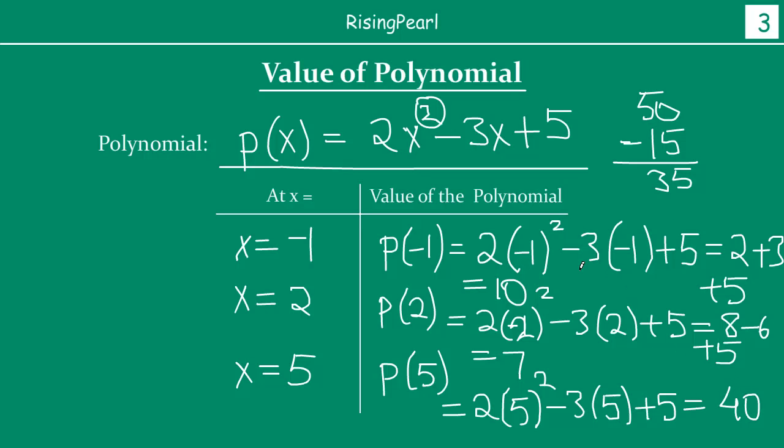So in this case friends, at different values of x, and again we have randomly taken these values, we can take any value for the variable, and simply by replacing the variable with those values in the actual polynomial, we find the value of the entire polynomial at those values of the variable.